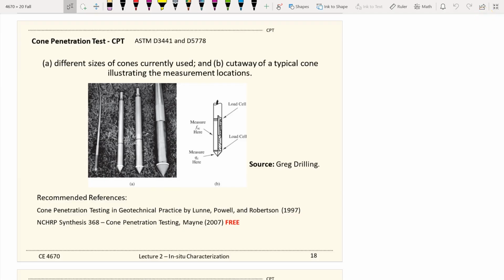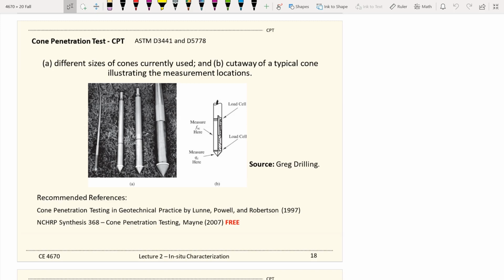Okay, so the other type of field testing method is the CPT, cone penetration test. Overall, this is a more sophisticated test that was developed and has also been popular in the last two decades. Instead of using a hammer pounding a penetrator or sampler into the ground, through hydraulic power you push a cone into the ground continuously.